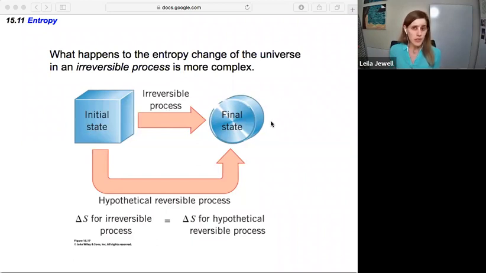Since entropy is a state variable, it only depends on those endpoints. This means the change in entropy for our irreversible process must be the same as the change in entropy for our hypothetical reversible process. So we can calculate the entropy as if the process were reversible. It's a little fancier than that, but that's effectively what we do. Let's try it out.